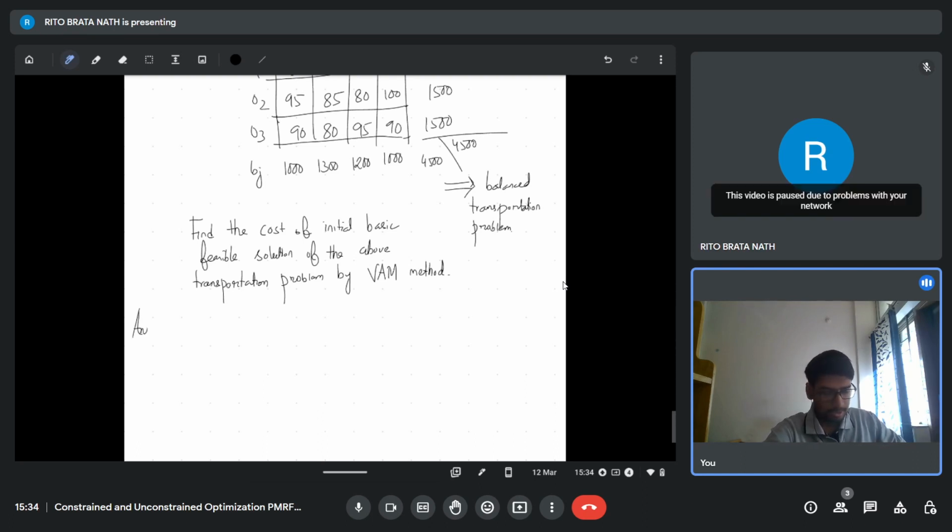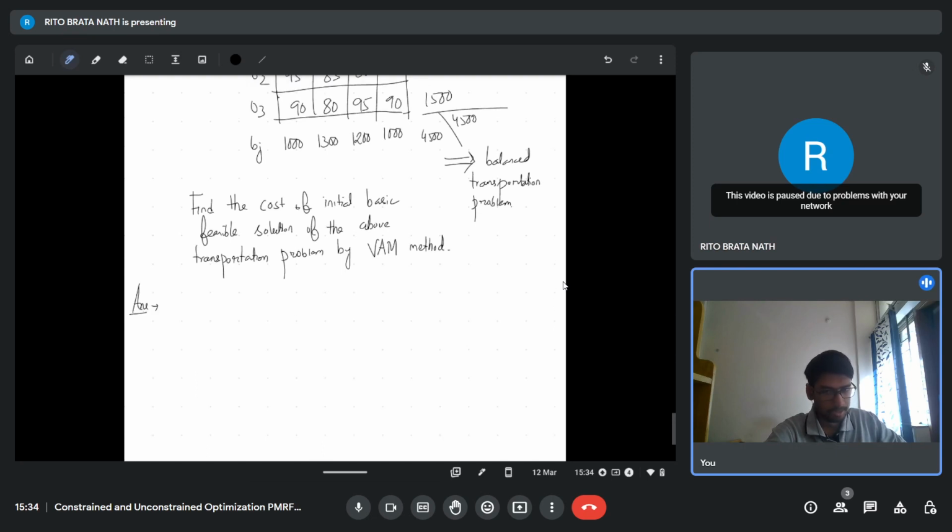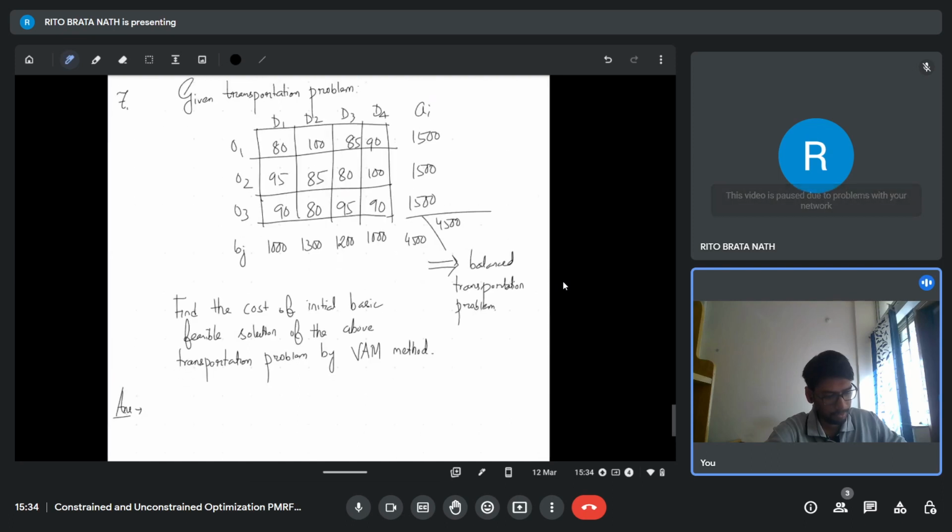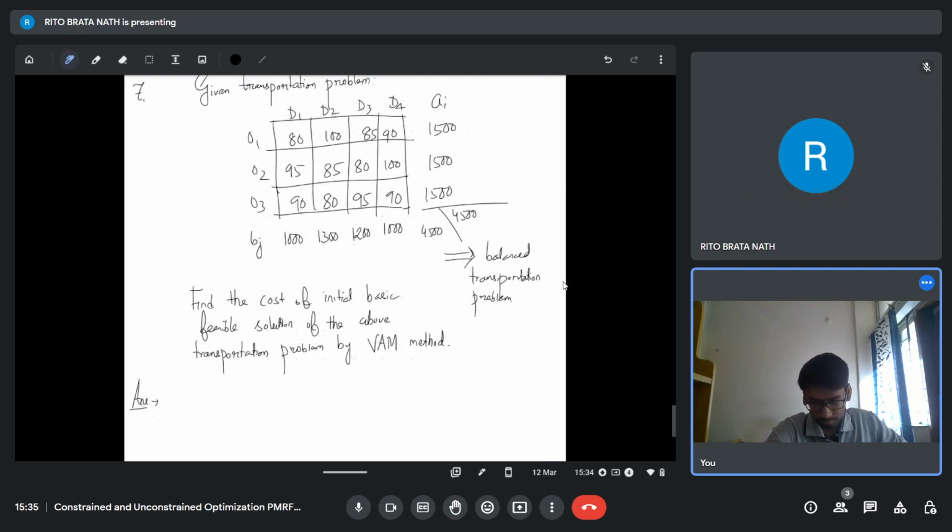So what is typically done in Vogel's approximation method is that you can take the difference between the least element and the second least. I think that's one way.